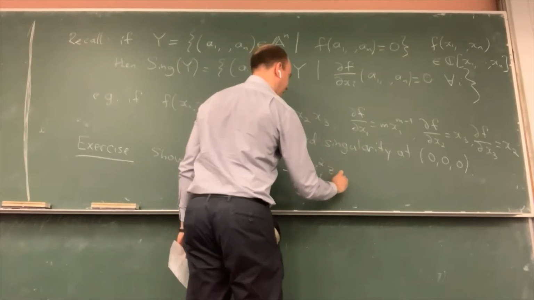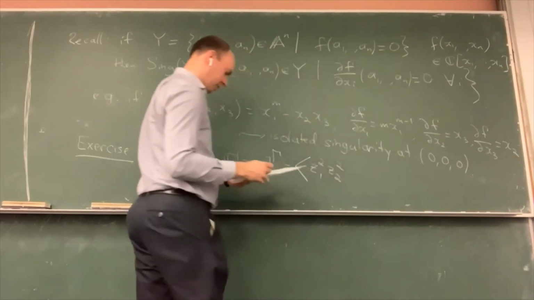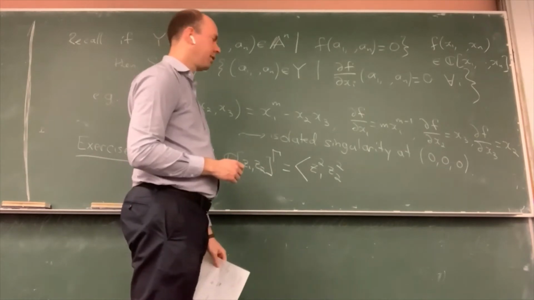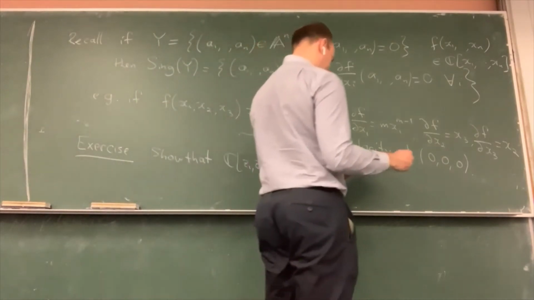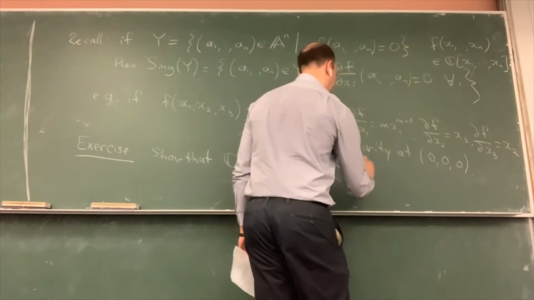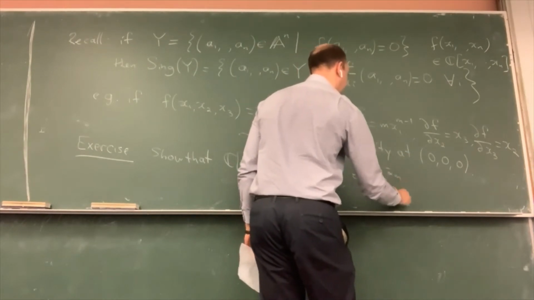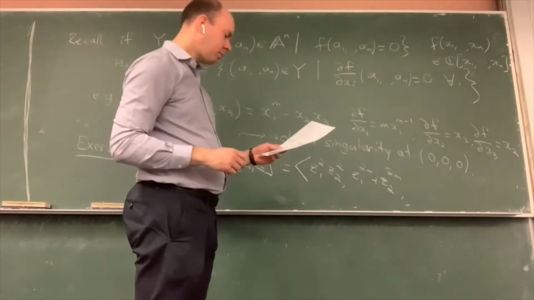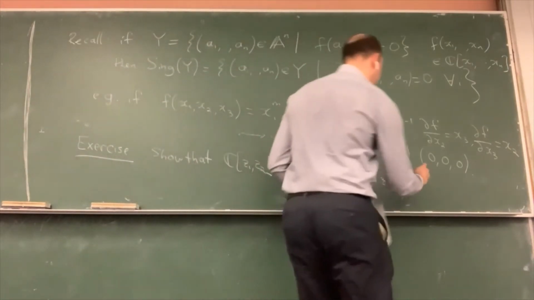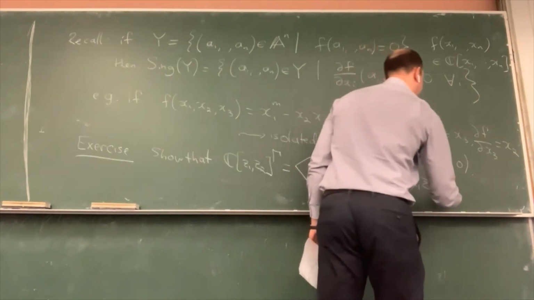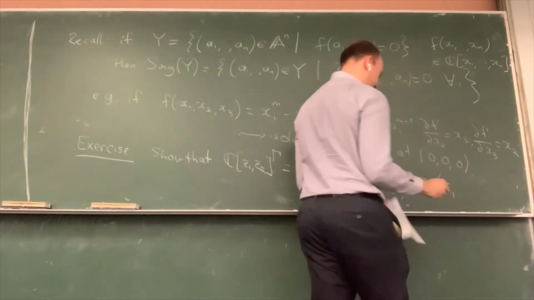So now Z1 squared times Z2 squared will be invariant, and Z1 to the 2m plus Z2 to the 2m will be invariant, and with a little more thought, you can find a third invariant which is not generated by the first two.